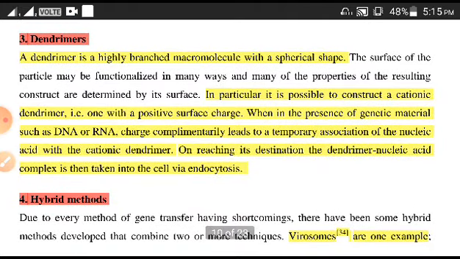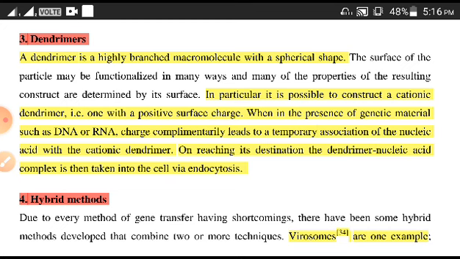Next is the dendrimers. A dendrimer is a highly branched macromolecule with a spherical shape. In particular, it is possible to construct a cationic dendrimer, that is one with a positive surface charge. When in the presence of genetic material such as DNA or RNA, charge complementarity leads to a temporary association of the nucleic acid with the cationic dendrimer. Right?